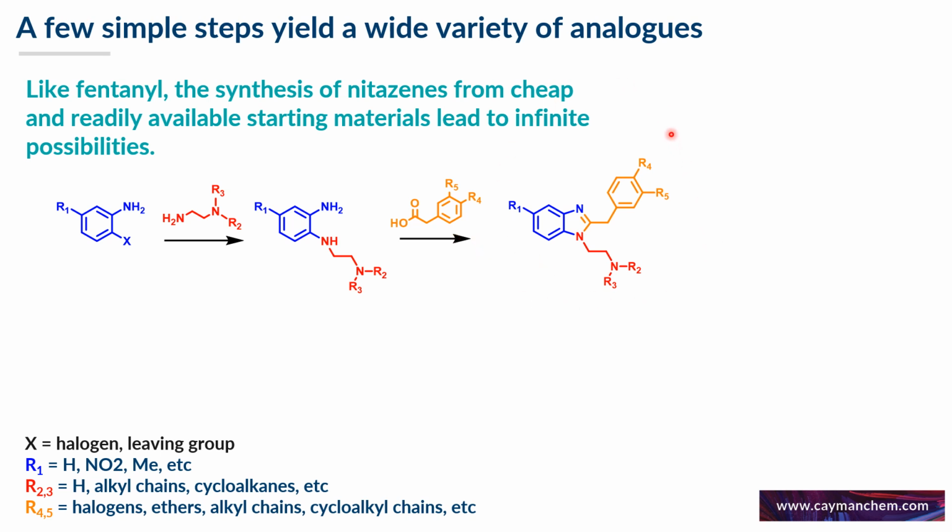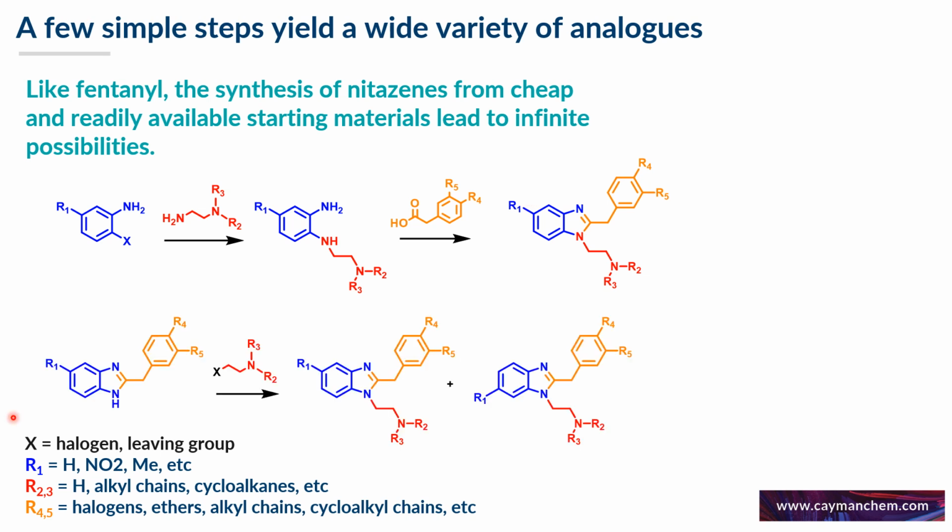Now, what's important about this route is that it installs the benzimidazole substituent R1 at the 5 position on the final product. The second method is very similar, but in reverse order, where the benzimidazole is first formed through coupling and cyclization. Then it is alkylated with an ethylamino substituent with an appropriate leaving group.